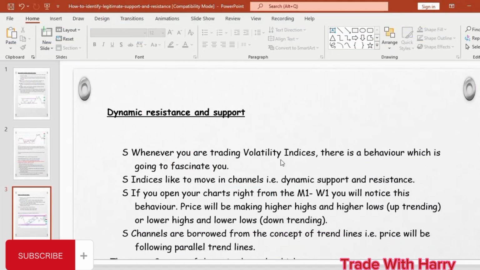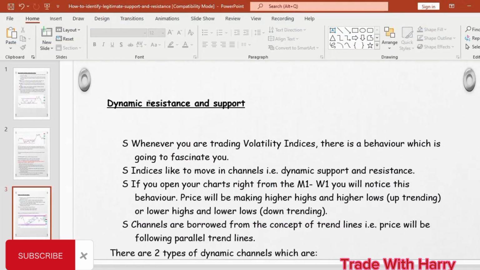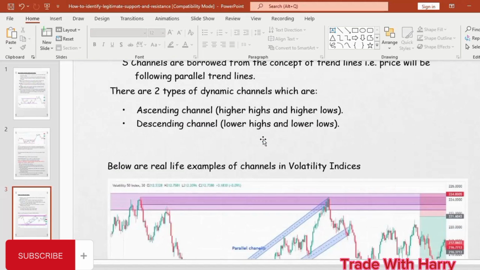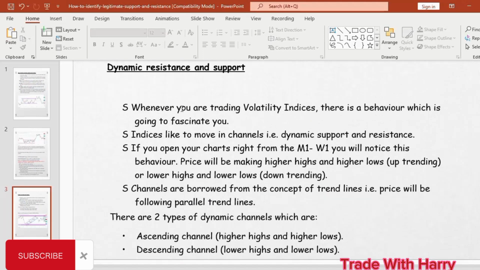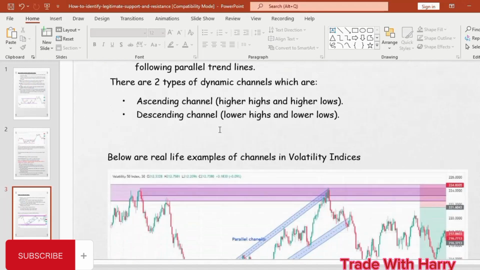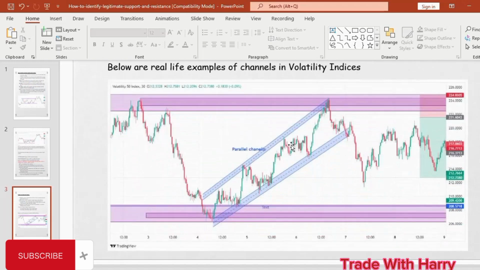So another thing, we have other things called dynamic resistance and support. With dynamic resistance and support, they always appear like this one here. So you see, you can draw them in channels. So it comes here, goes like that.